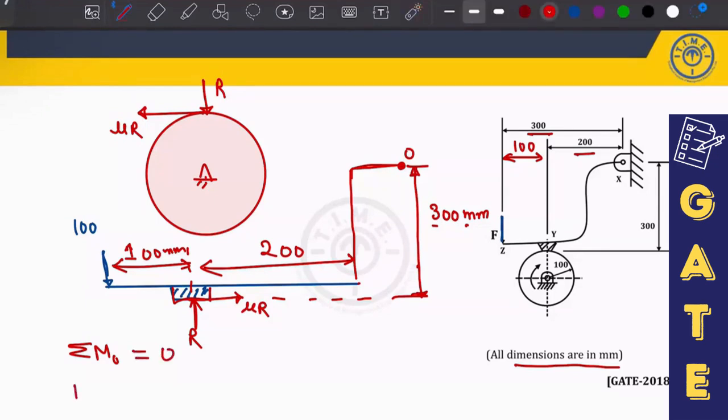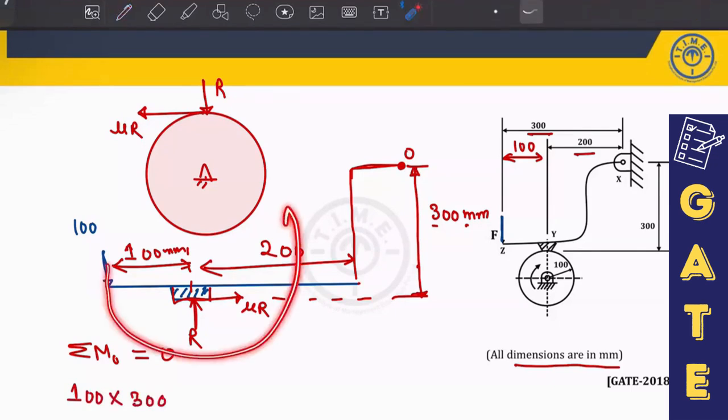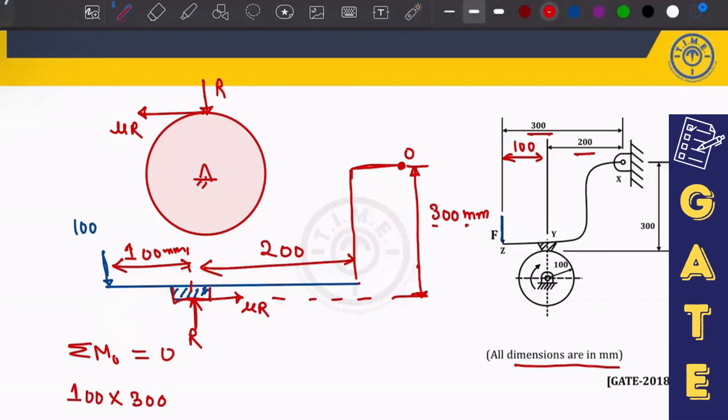If you consider, one will be 100 into this 300. Now if I am taking counterclockwise as positive, the clockwise value will be negative. You can consider clockwise negative, counterclockwise positive, or vice versa. But if you are taking one as positive, now I am taking counterclockwise as positive and clockwise as negative. Fine.